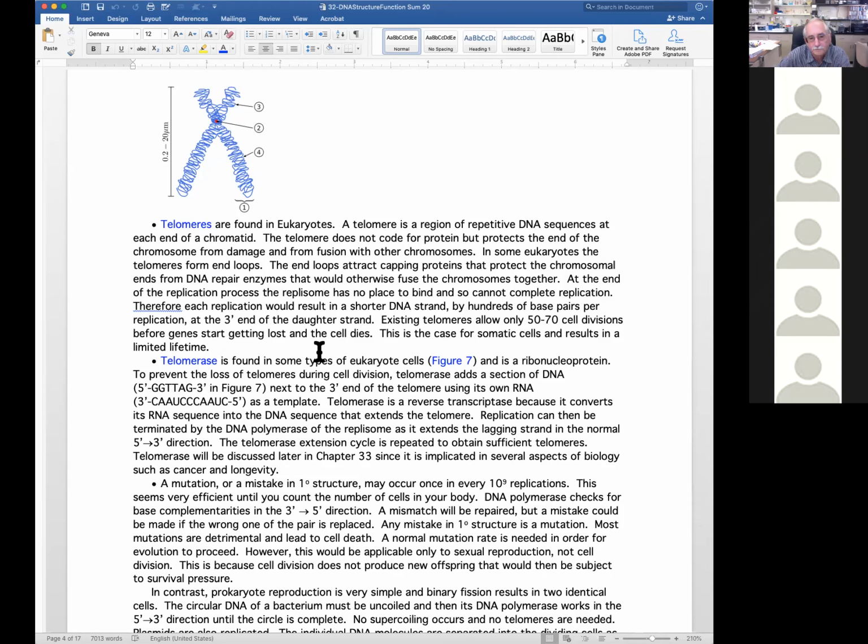And so because of that, there's an enzyme called telomerase in some types of cells, but telomeres only allow for about 50 to 70 cell divisions before genes start getting lost, and then the cell could end up dying. And this is the case of most of our cells, which are somatic cells. They have a limited lifetime, and then they die. Okay? It's a form of senescence.